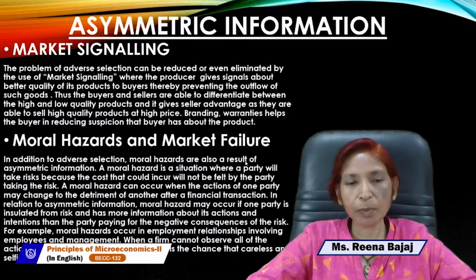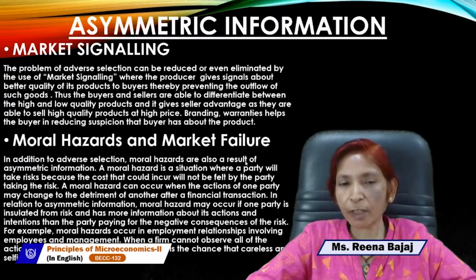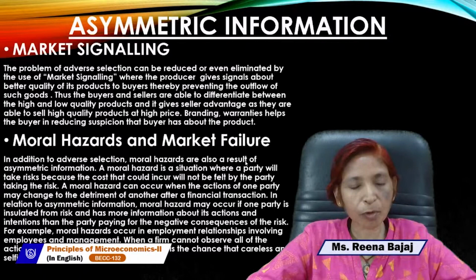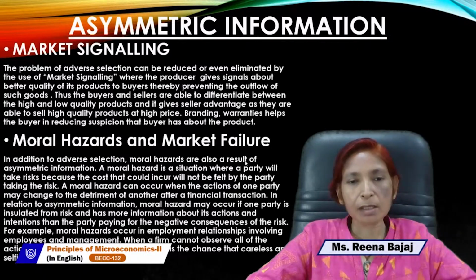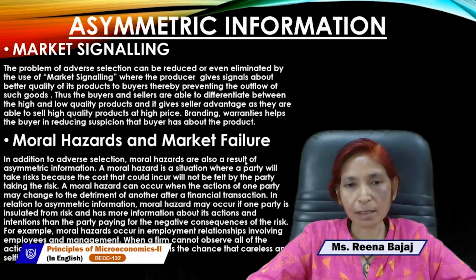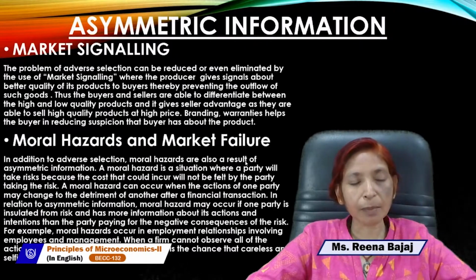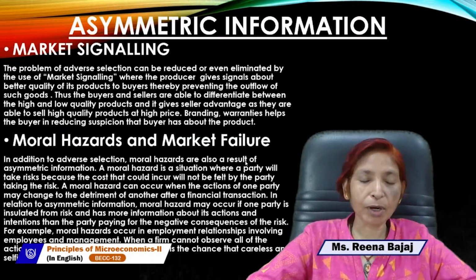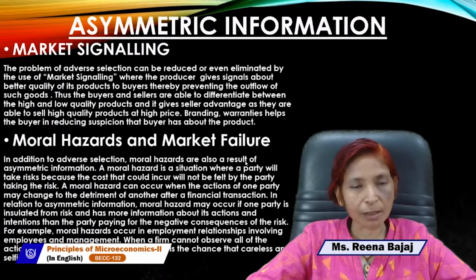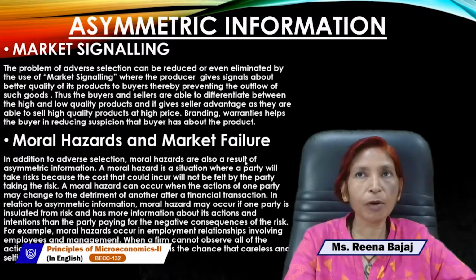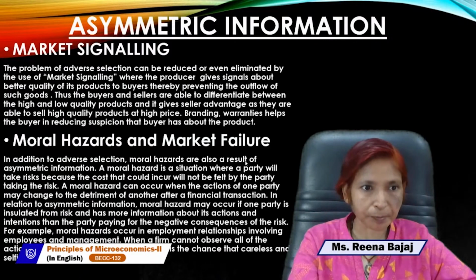That product will not be an inferior quality product. That's why some companies, some producers provide their products to the buyers in such a form of branding. They provide warranties also, so that the buyer is assured that the product will be a good quality product. So the problem of adverse selection can be eliminated with the help of market signaling.